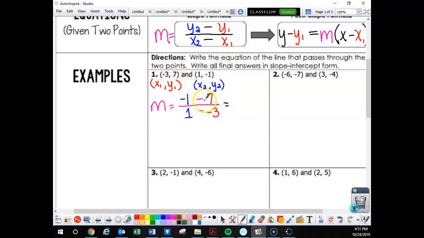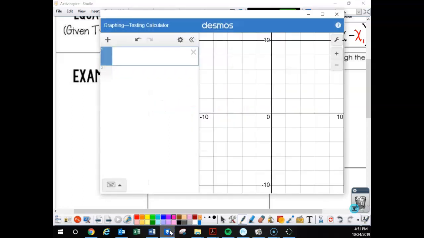So here, -1 minus 7 would be -8. 1 minus -3, these two negatives become a positive. And again, please use Desmos if you get stuck on addition or subtraction. Okay? And then -8 divided by 4 is -2. Or at least use it as help, right?